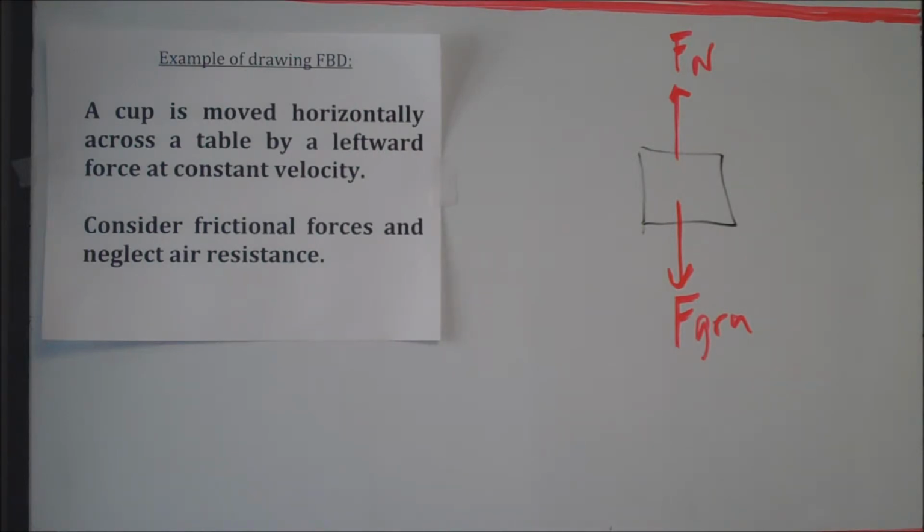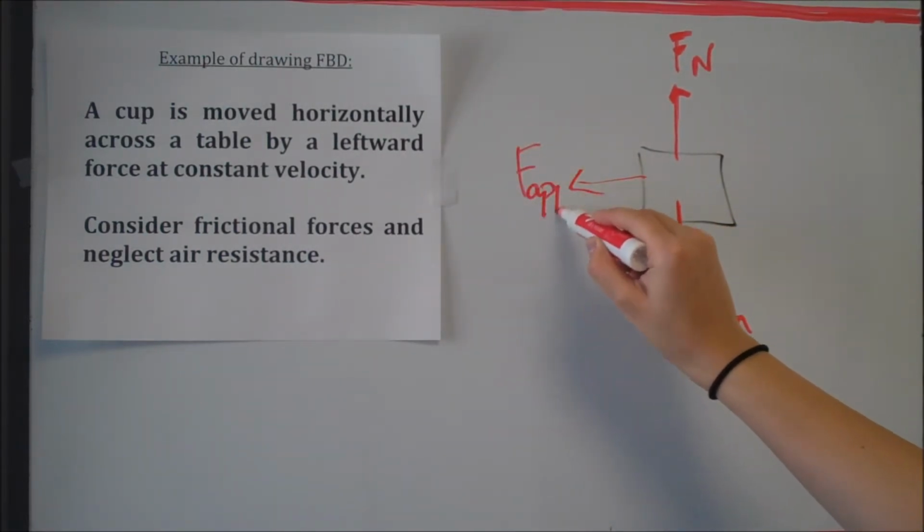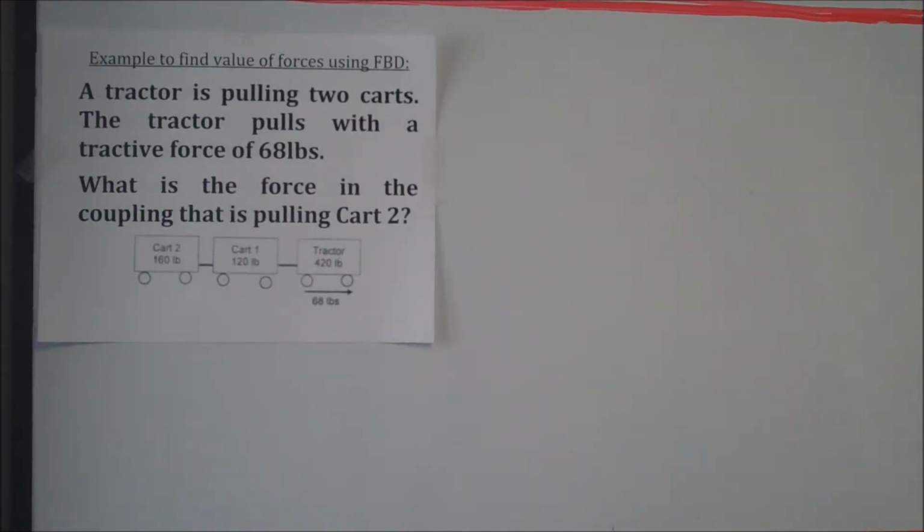In the question we said that there is the applied force that moves leftwards. So here's the applied force going left, and we also have frictional force that's in the opposite direction from the applied force, so it's the other way. And this is an example of drawing a free body diagram.